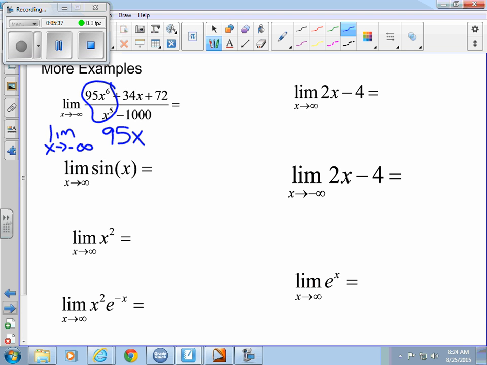Why do I need to know that? Look at what would happen as I approach negative infinity: negative really big numbers. What is 95 times a negative really big number? A negative really big number. Would you agree that this is approaching negative infinity? To know whether it was approaching positive infinity or negative infinity, I needed to do that reducing to see which one it would approach.